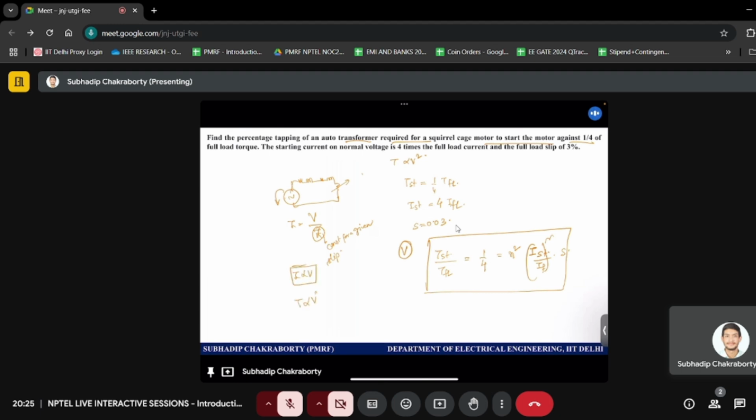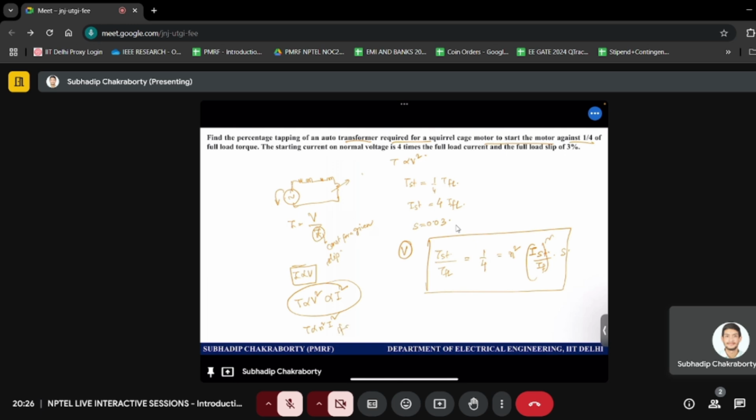And since torque is proportional to V square, it is also proportional to I square.